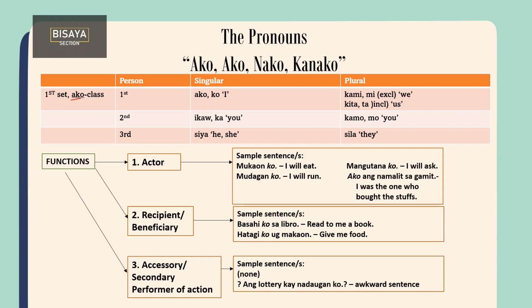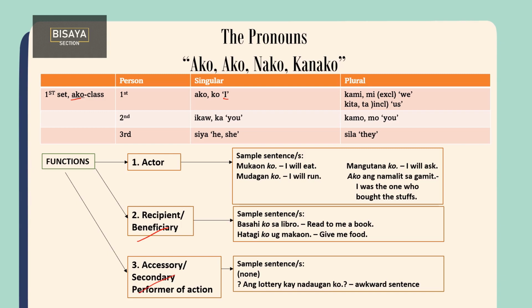And ako or ko refers to I. Then, in the Visayan language, we will deal with the functions of the first person, first set ako, which are these functions: as actor, as recipient or beneficiary, as accessory or secondary performer of action.